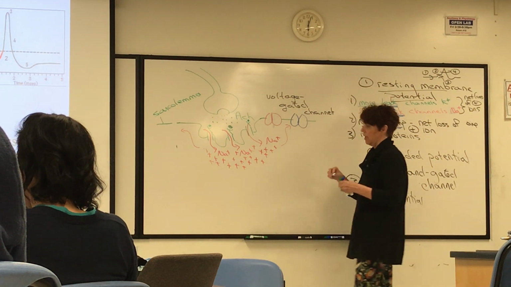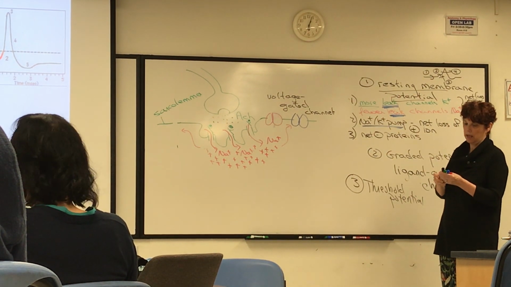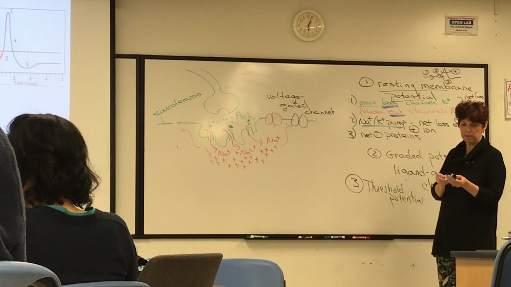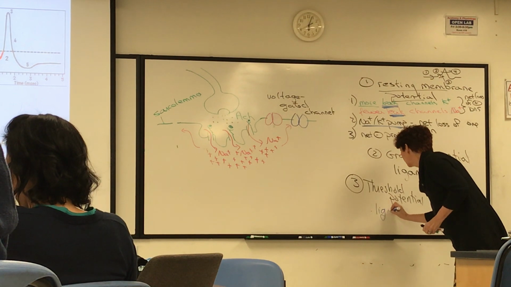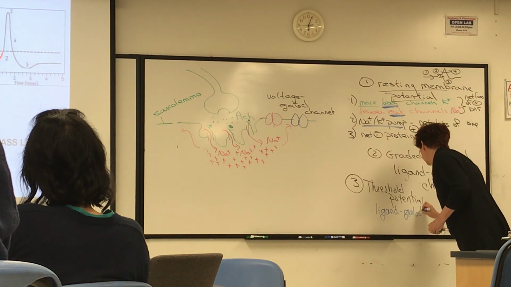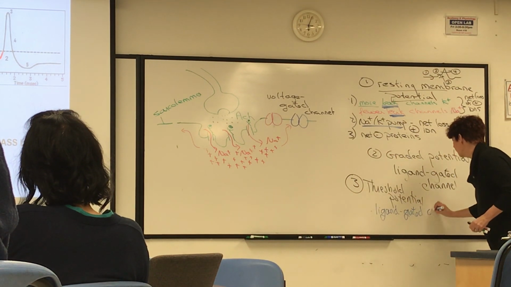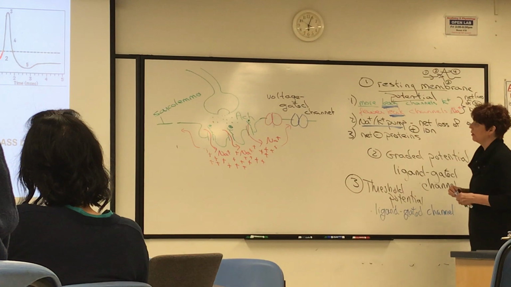In this case, they're going to open because of the ligand-gated channels, enough of them being open. And since they're ligand-gated, that may not always be of sufficient voltage strength to open it.